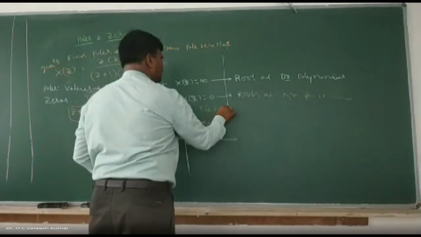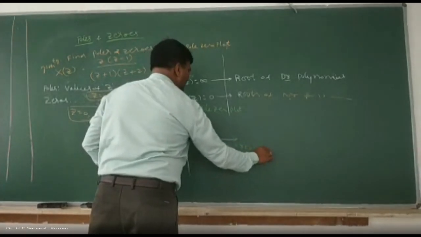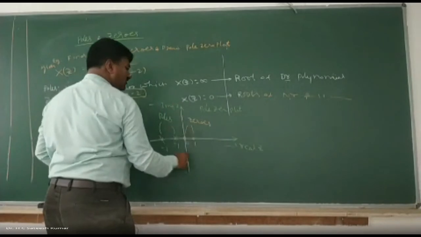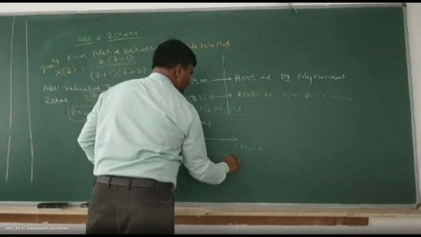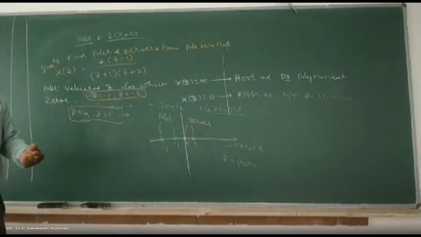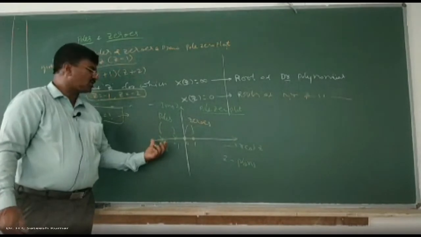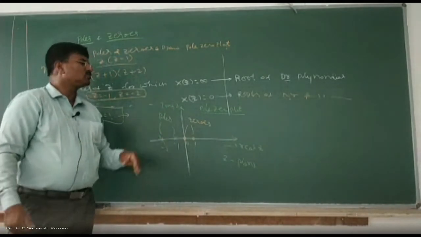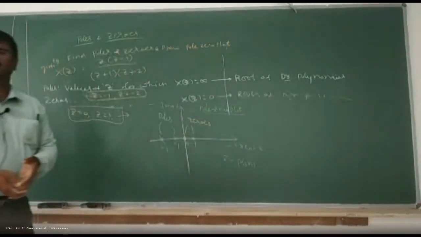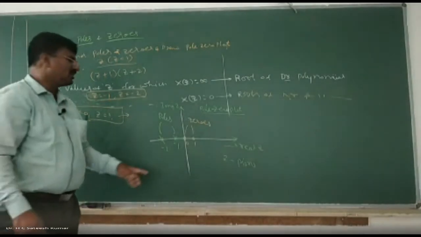This is the real part of z, and this is the imaginary part of z, and this is known as the z plane. In the z plane, if you indicate the location and position of the poles and zeros, that plot becomes the pole zero plot. Pole zero plot is the graph which shows the position of poles and zeros in the z plane.